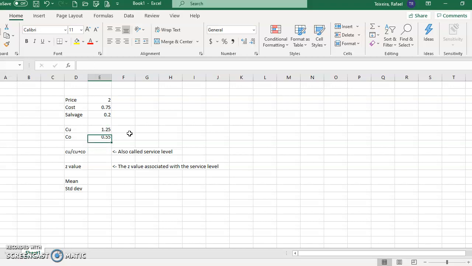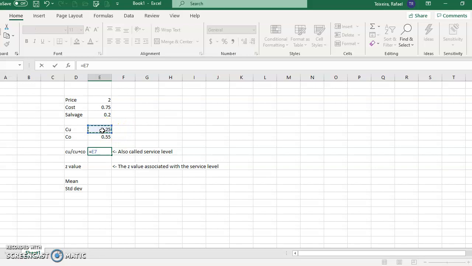I'm going to use these two pieces of information to come up with the service level I should have in order to maximize my performance here. So this is my cost of underestimate divided by open parentheses these two costs.